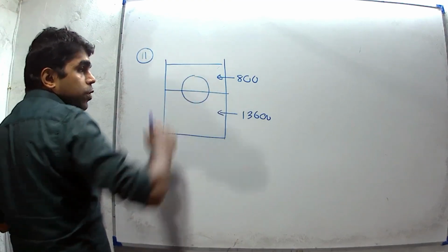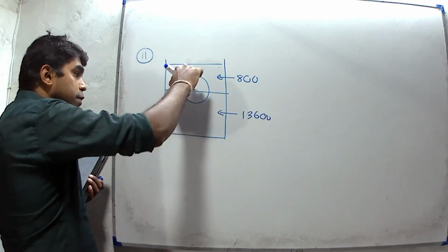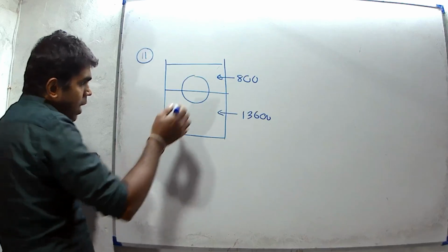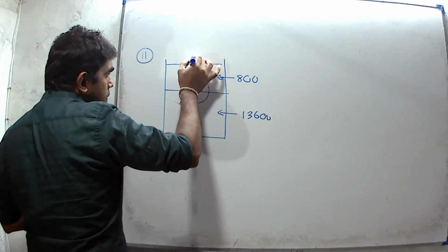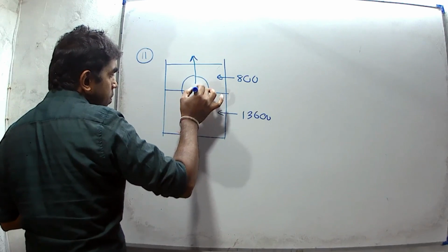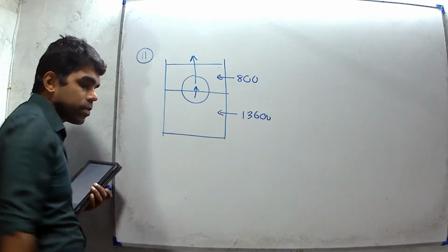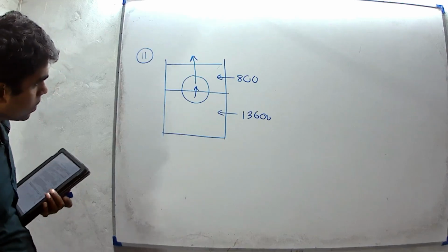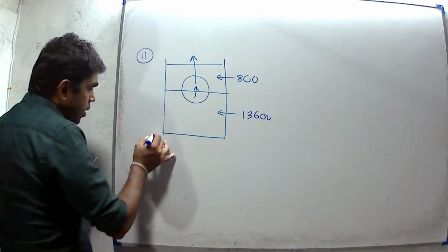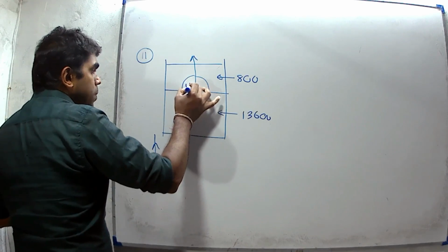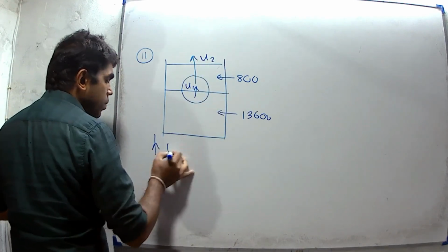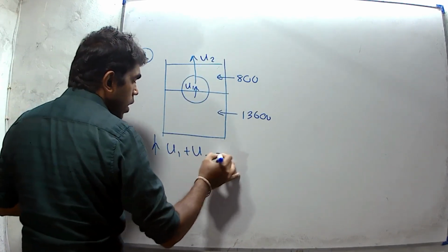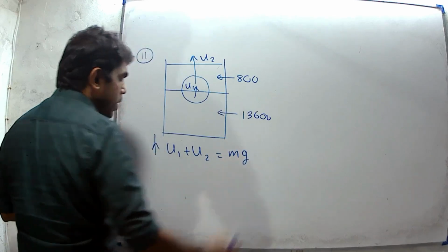There are two forces on this object, weight and upthrust, but upthrust is separately given by oil and mercury. Then we can write upthrust U1 plus U2 equals the weight of the object.